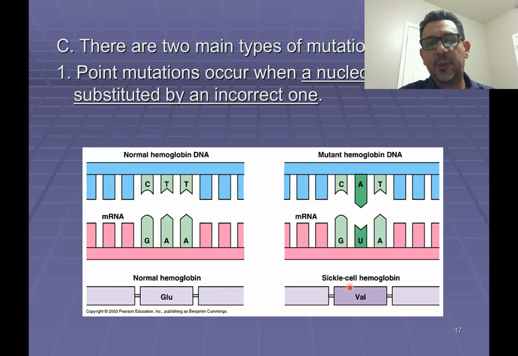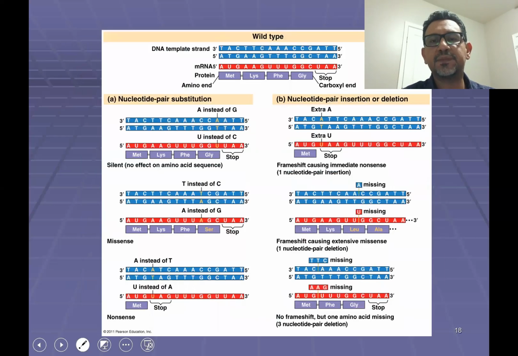Consequently, the red blood cells that are made with these abnormally folded hemoglobin polypeptides are not going to be performing the right function because they don't have the right shape. And so this type of mutation where a base is substituted is also known as a point mutation.